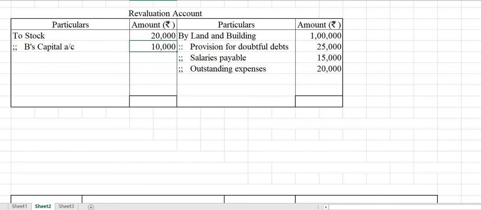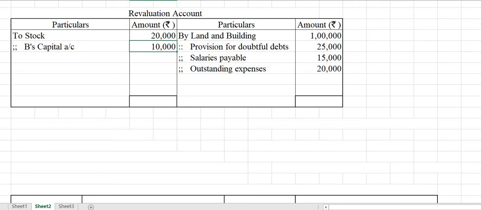And given that B's actual expense is 4,000. Actual expense of revaluation was 4,000 that he paid out of his pocket. That has no relation with the firm. So we need not write that amount anywhere in the books of account. Is it clear? So that 4,000 he paid was his personal expense.